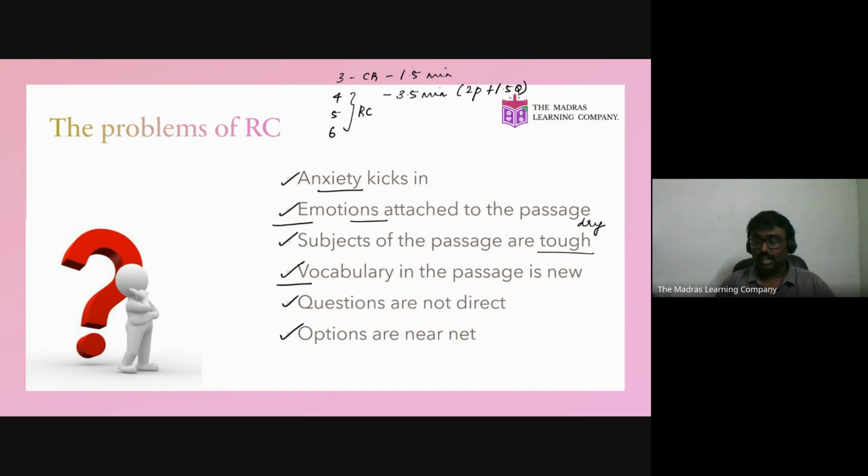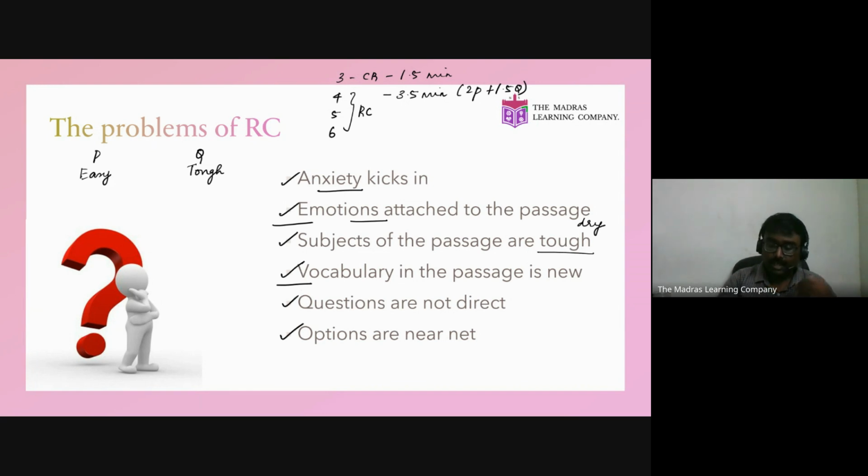Now, at least as far as I have observed, there's nothing called a very tough RC passage or a very easy RC passage. It's usually in the middle range, right? Why? Because there are two components. You have a passage, you have questions. Generally, if the passage is easy to understand, the questions are tough to answer. You'll have more inference based questions.